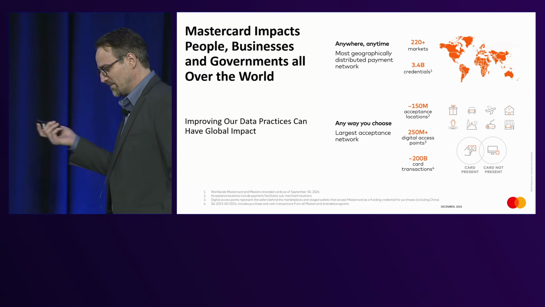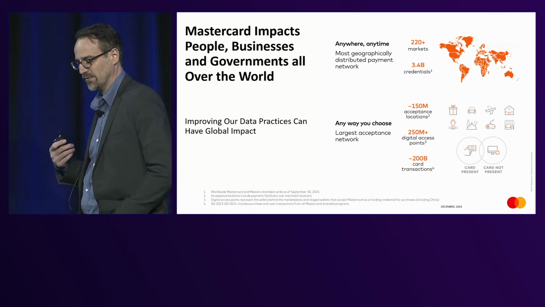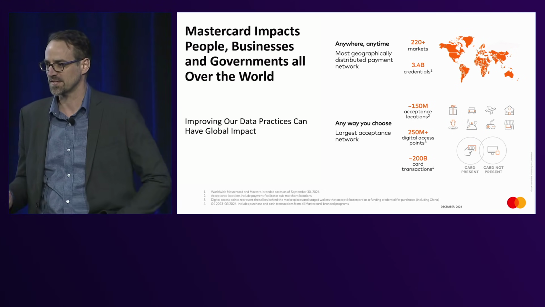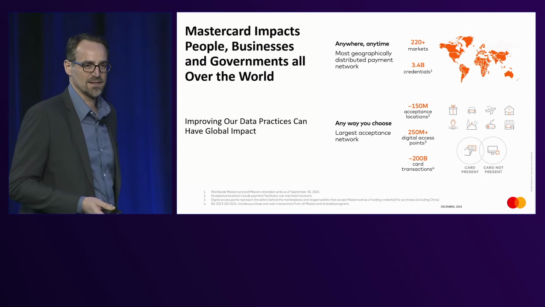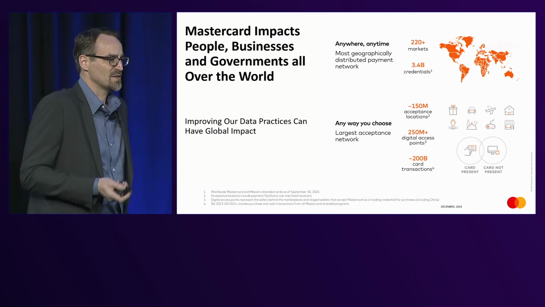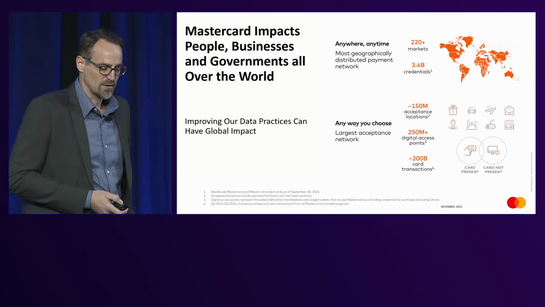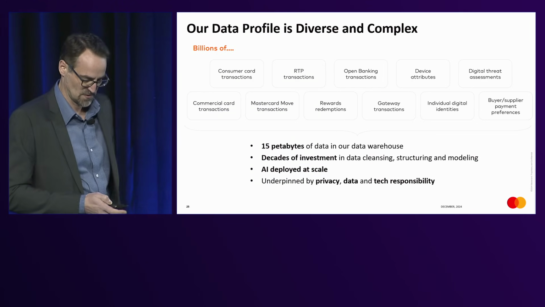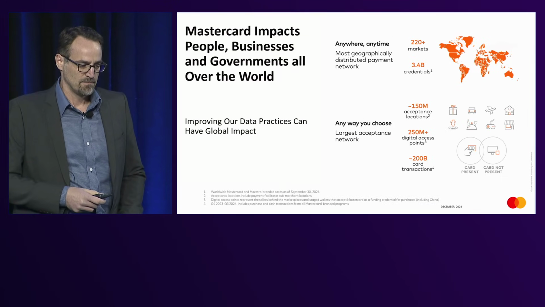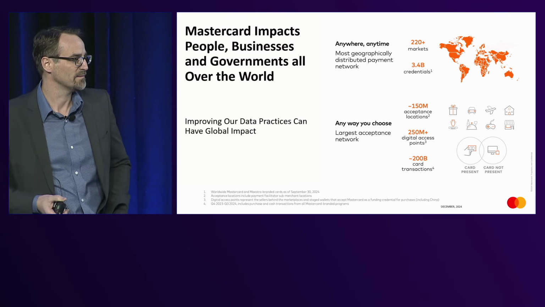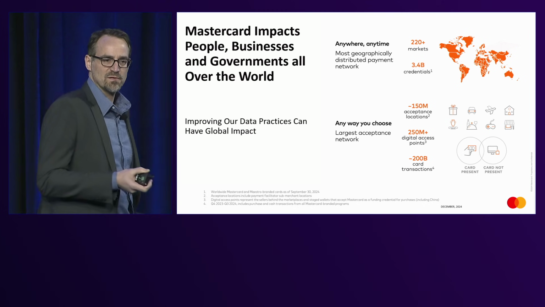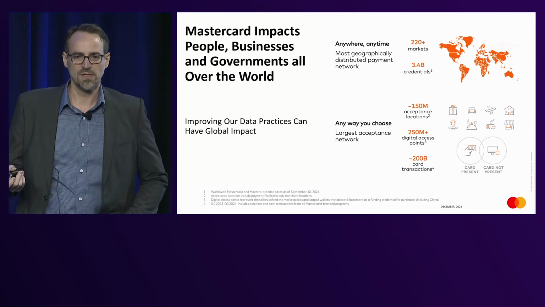So now you might be thinking, well, why is Mastercard so interested in innovating with data, in using AI? Like, why does it matter? Well, it matters because we use it to prevent fraud. Do you guys worry about fraud? We just went through Black Friday.